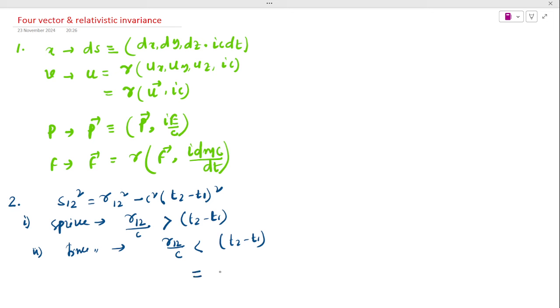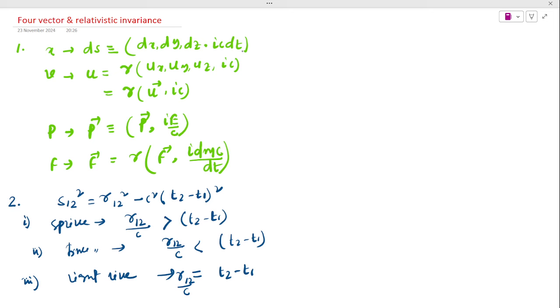And for light-like, r₁₂/c is basically equal to t₂ minus t₁, where r₁₂ means 1 to 2.